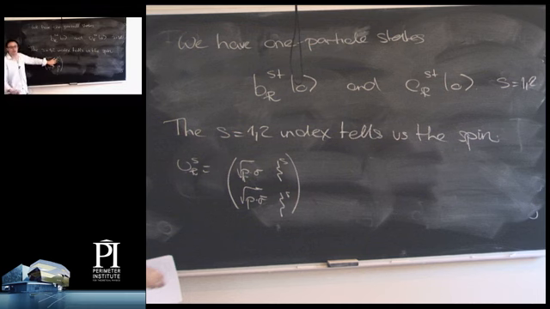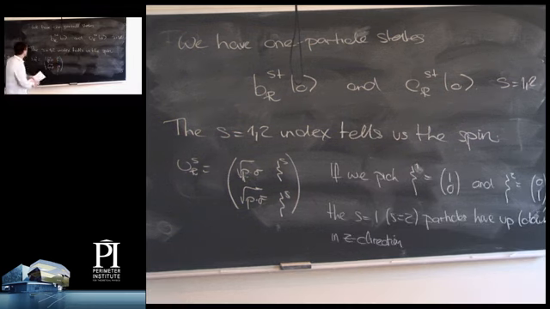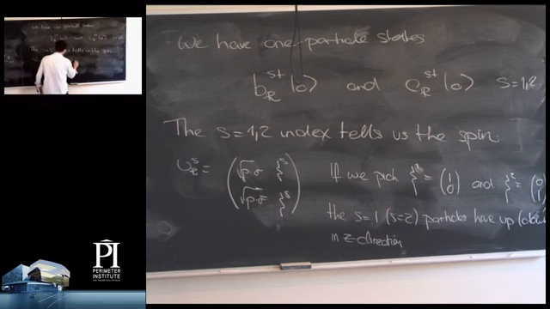And now we do the usual game of quantum mechanics. So if we pick zeta 1 equals (1, 0) as a basis, and zeta 2 equals (0, 1), the s equals 1 and the s equals 2 particles have spin up or spin down, respectively, in the z direction.